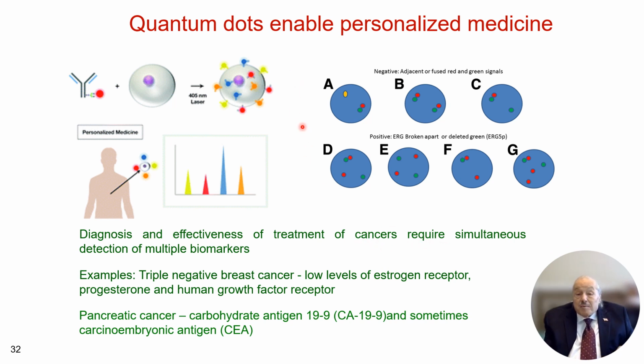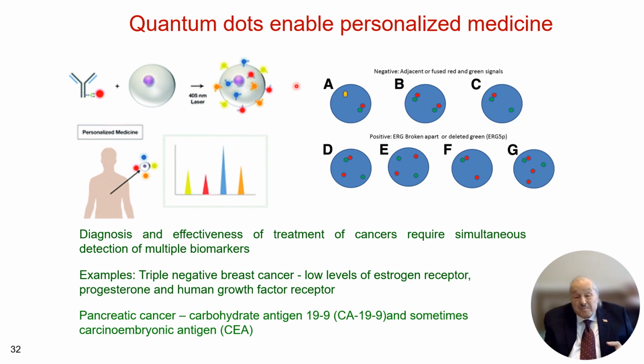That's not necessary with the quantum dots because they absorb at all wavelengths. So with one laser source, you can excite quantum dots of very different colors, and this is used for following either the detection of a cancer or the response to treatment for cancer, because if you have a cell and you ask the question, what antigens are expressed on the surface, you could see that by the different emission peaks that come from that cell.